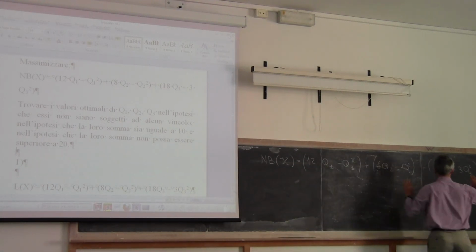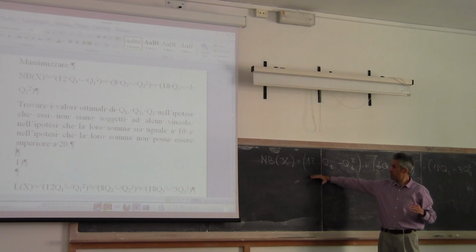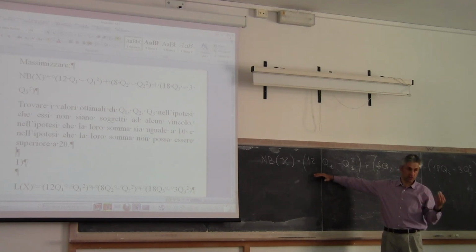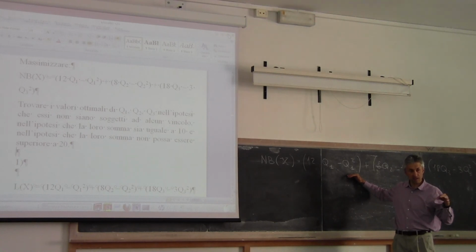Again, let's have a look at the type of function that is this one. You see that for each user, you have a positive term, which gives indeed the gain that the user gets when water is allocated to him. But then we have a negative term, which is a cost term, which depends typically on the square of the allocation. On the square because if you think about the losses of energy in pipes, they depend on the square of the flow.